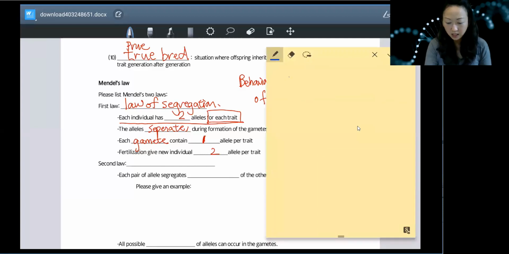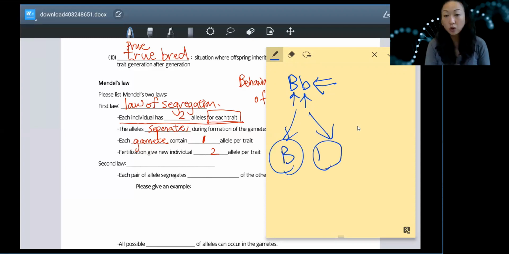Big B and small b are both alleles of your hair color. They are alleles of the same gene. And how do they behave? They behave by segregating or separating during meiosis, or during the formation of the gametes. That's law 1.